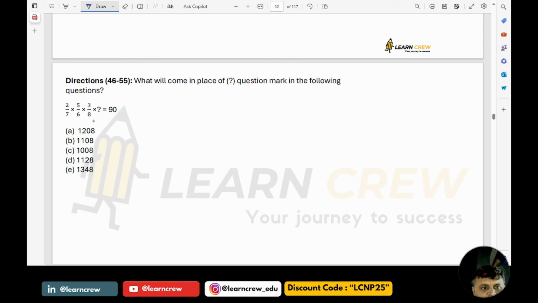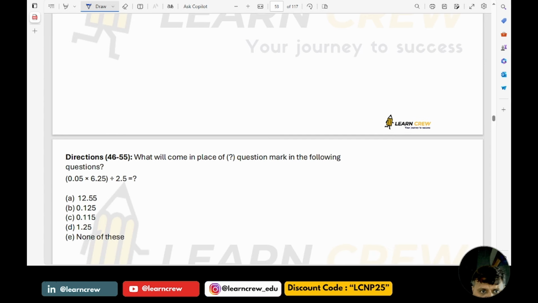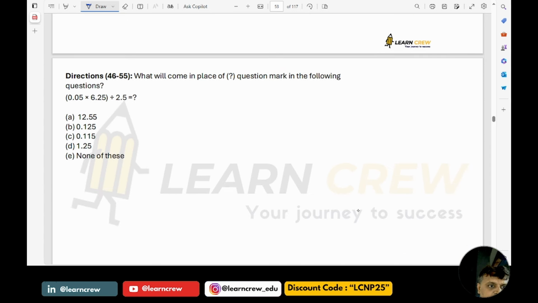So if you see 3 2s are 6, 2 2 cancel. Now 5 18s are 90, 7 8s are 56, 56 18s are 1008. Now next, here it is 5 power 5 into 10 power 5 into 10 power minus 2.